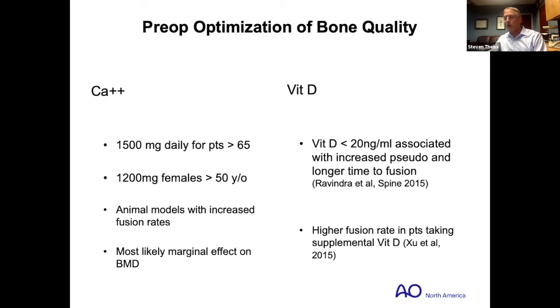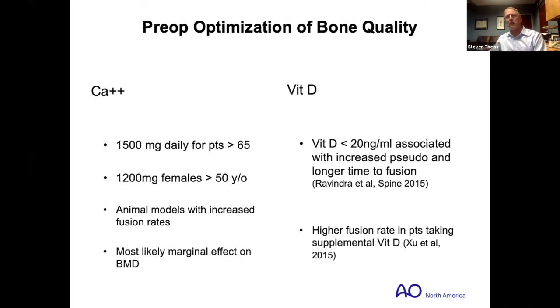The other study was a retrospective study where they had a large group of patients. Some patients got vitamin D supplementation starting immediately after surgery. The other group of patients did not, and they found definitely a higher fusion rate in patients taking supplemental vitamin D. So I'll always check a vitamin D level in people I'm assessing their pre-op bone quality. And if that vitamin D is less than 30 nanograms per milliliter, they'll get vitamin D supplementation.